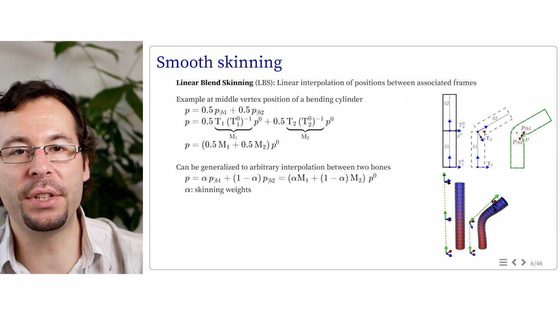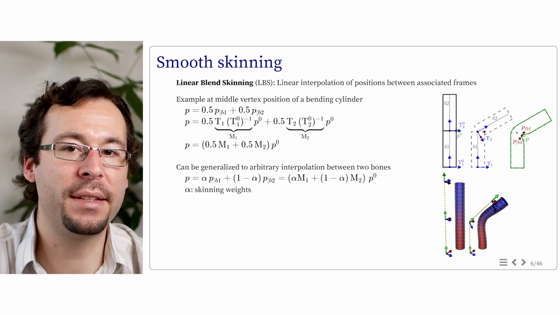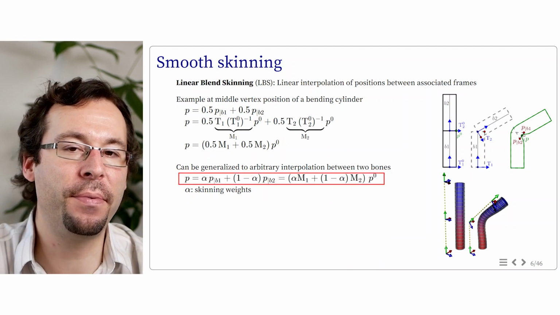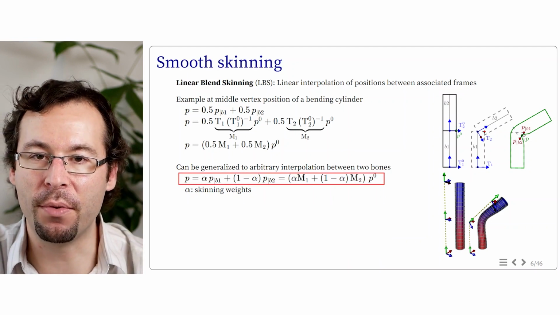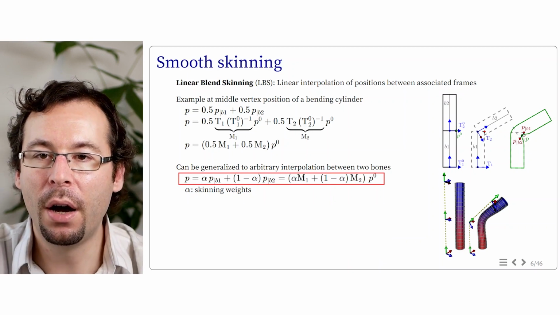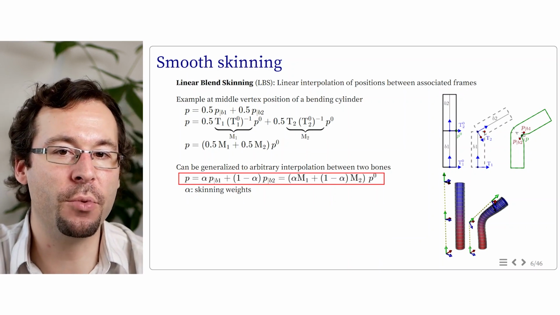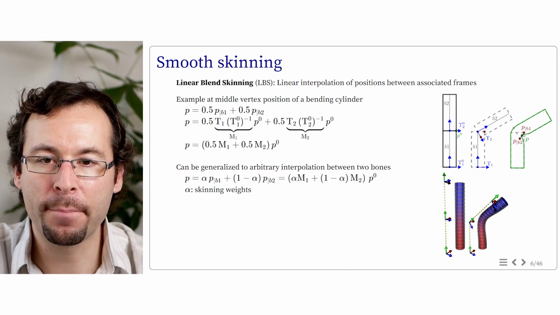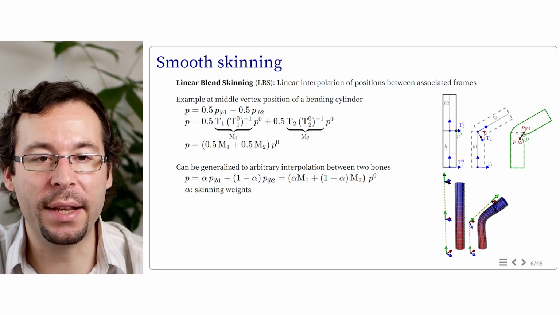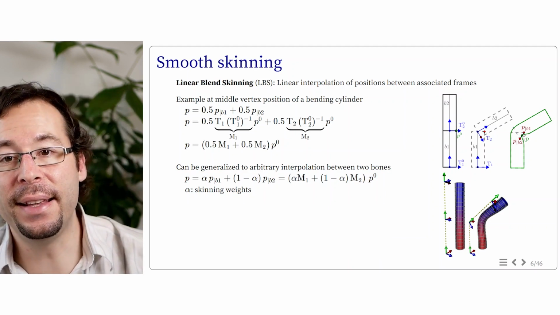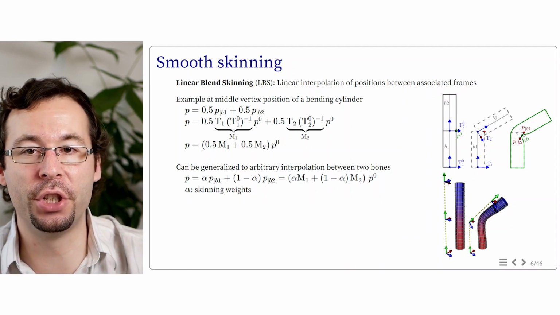So this interpolation can be characterized by some weights, alpha, and in this case we would have P is equal to alpha times P with respect to B1 plus (1 minus alpha) times P relative to B2, or P is equal to (alpha M1 plus (1 minus alpha) M2) times P0. So alpha is called the skinning weight and describes how much a vertex is influenced by a given joint.